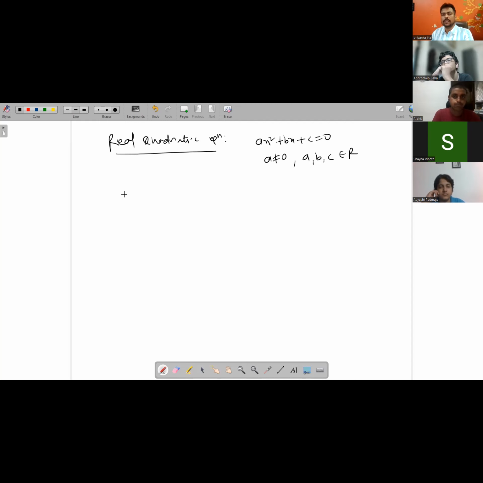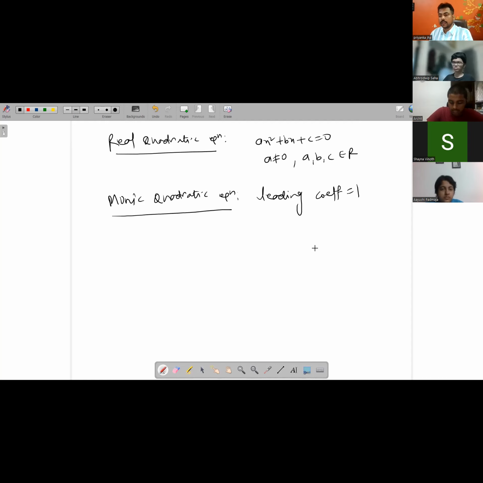There is one more term that you will see in questions, monic quadratic equation. Monic means the leading coefficient will be 1. In a question, if you are told we have a monic quadratic equation, it means we have to consider a equal to 1.